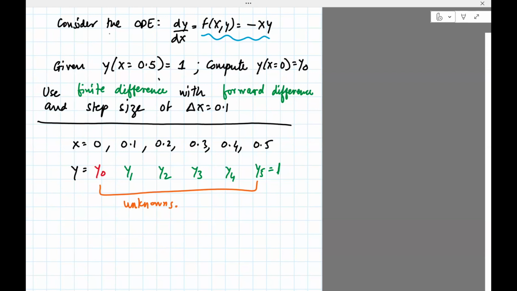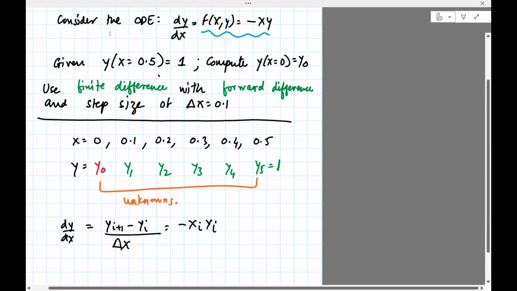Okay, now let me use forward difference. So let's take this equation and write it as a forward difference divided by delta x equals minus x i y i.